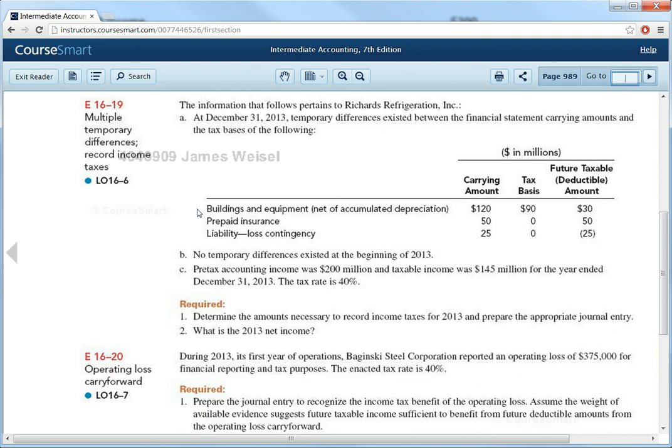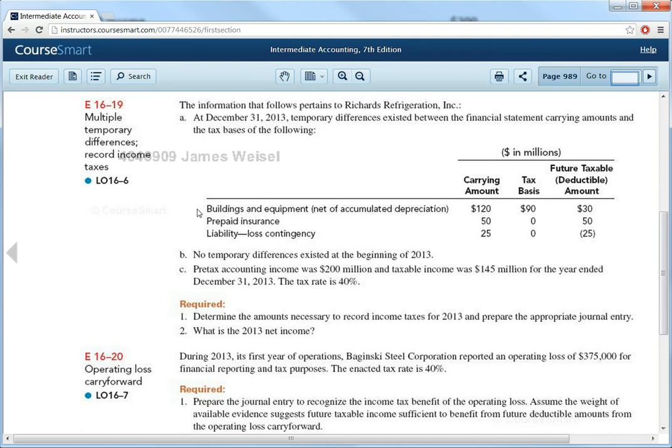Well, we can see that the difference in the valuation basis for Richard's Refrigeration is $30 million. And since the tax basis is less than the GAAP basis, we know that we must have had an extra $30 million of depreciation deduction for tax purposes.